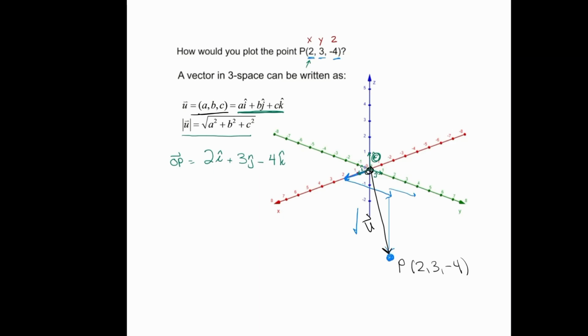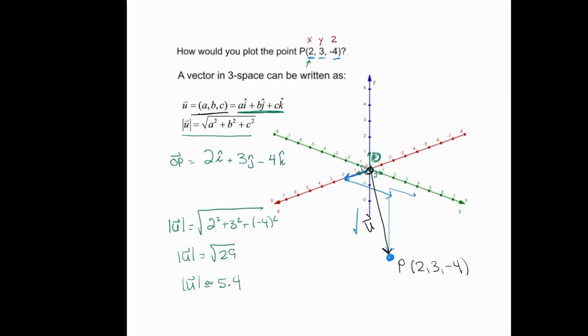The magnitude of u is equal to the square root of a squared plus b squared plus c squared. So for our vector u, we have 2 squared plus 3 squared plus negative 4 squared.